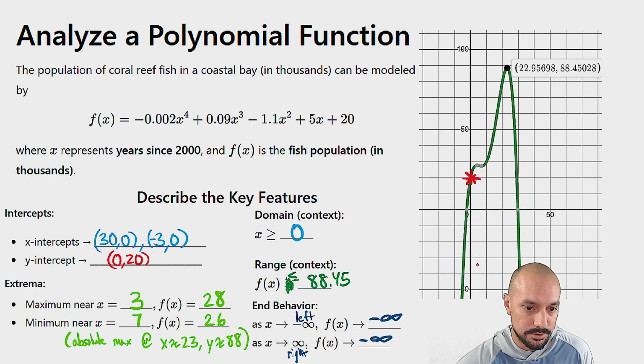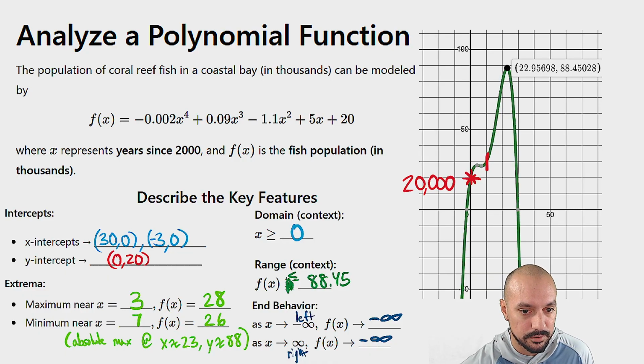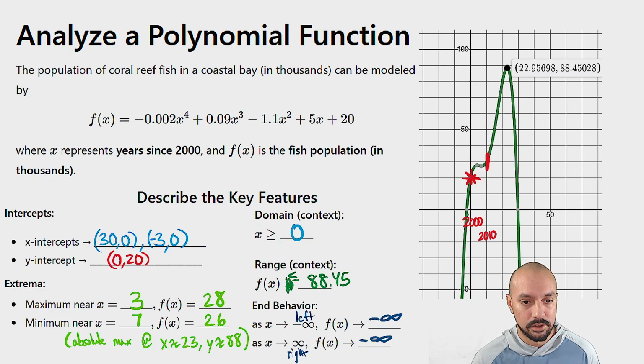At year 2000, the population is at 20,000 fish. In the first 10 years, from the year 2000 over to this first line, it looks like the population increases about 10,000, with a slight dip here and a slight peak here.